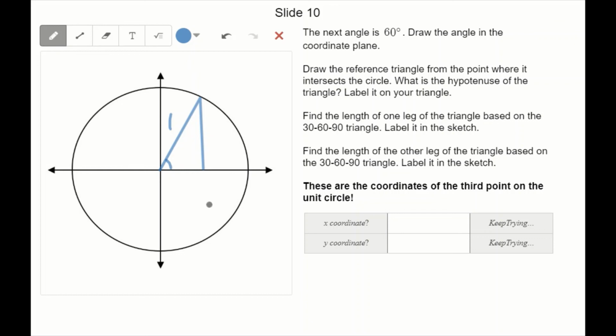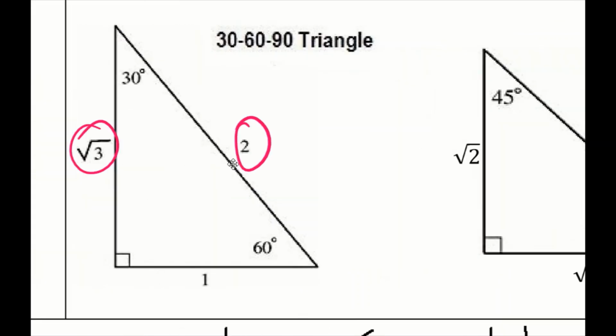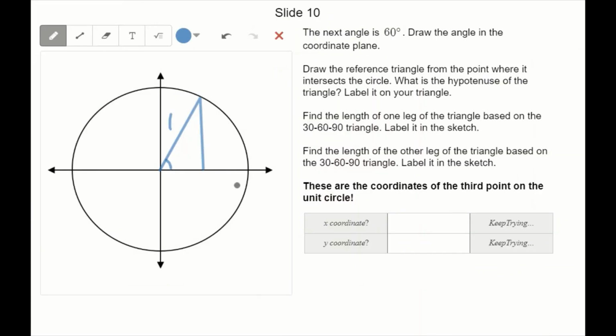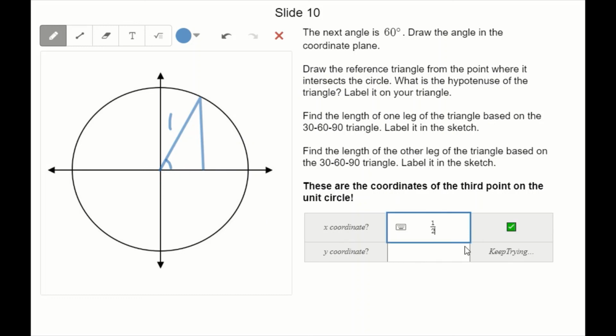We look again at the 30, 60, 90 triangle, and we're looking at 60. So our adjacent is 1/2. Last time it was opposite; now adjacent is 1/2. And that's the x value. So it looks like the cosine, or the adjacent, is always going to be the x value. And then the rise must be square root of 3 over 2.